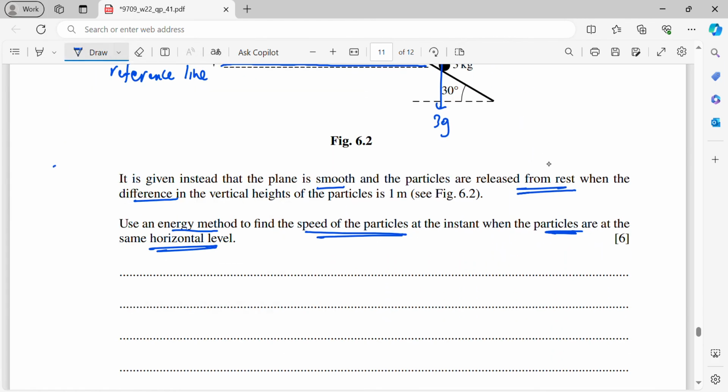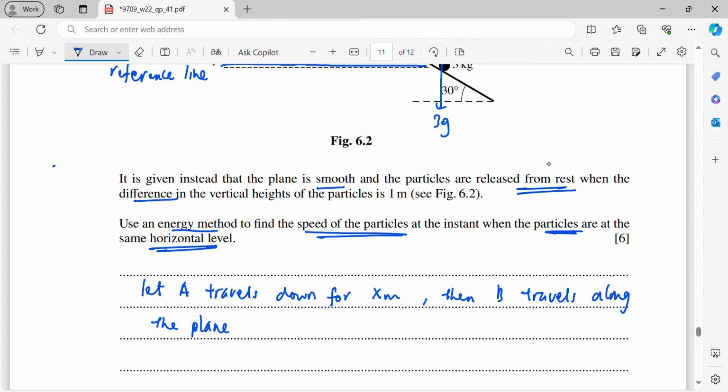Let A traverse down for X meters. So when it travels down for X meters, that means B travels X meters along the plane.